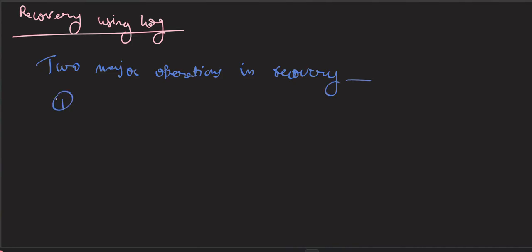The first one is undo and the second one is redo. Undo means it will roll back uncommitted transactions, and redo means it will reapply committed transactions to ensure durability. For example, suppose T1 is committed, so it can be redone. If T2 is not committed, it will be undone.